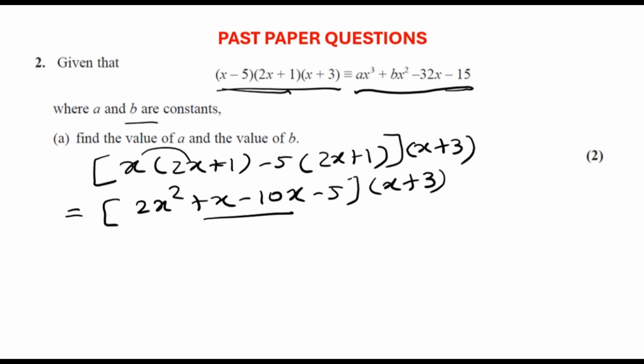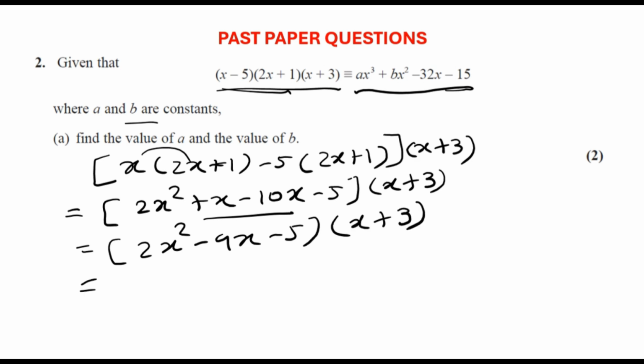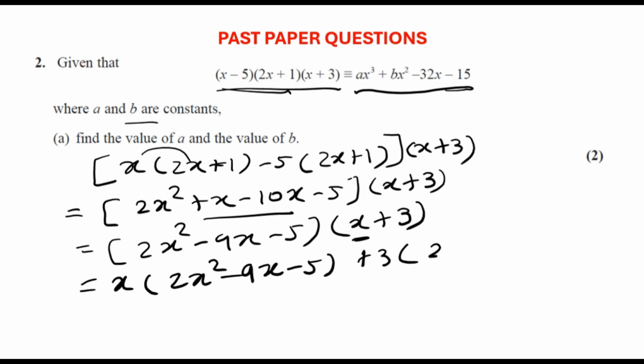Like terms x minus 10x will give you minus 9x minus 5 and x plus 3. Now multiply this by x: 2x squared minus 9x minus 5, plus 3 times 2x squared minus 9x minus 5.